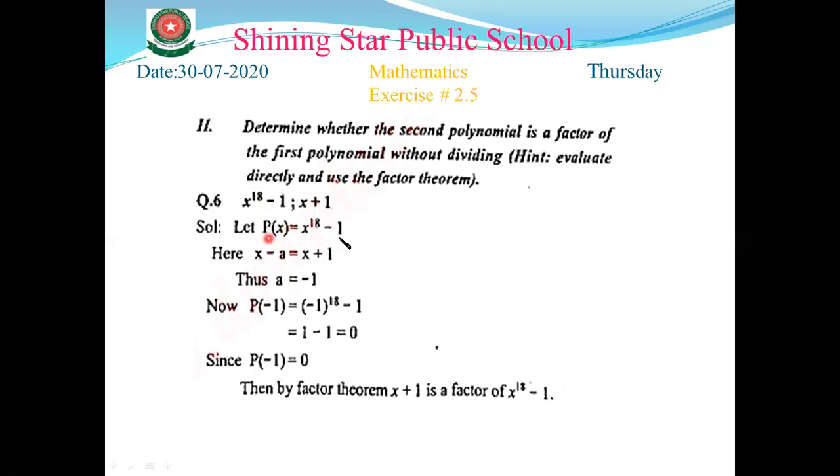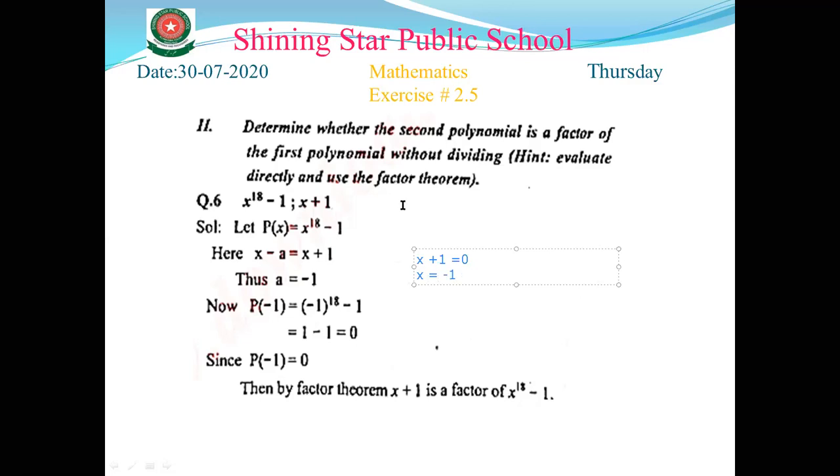We let p of x be the first polynomial, and here x plus 1 is equal to x minus a. Now it means a equals minus 1, or you can write very simply, x plus 1 equal to 0, and in the next step x equal to minus 1.